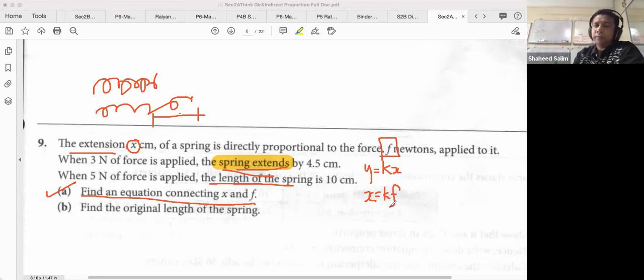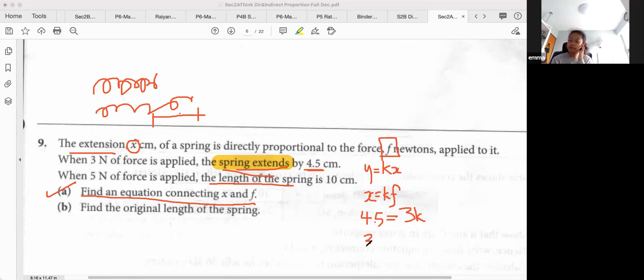This is the formula. So down here is 4.5, as we can see in the first example. This is the extension. And then this is equals to k times 3, which is 3k. So 3k equals to 4.5.